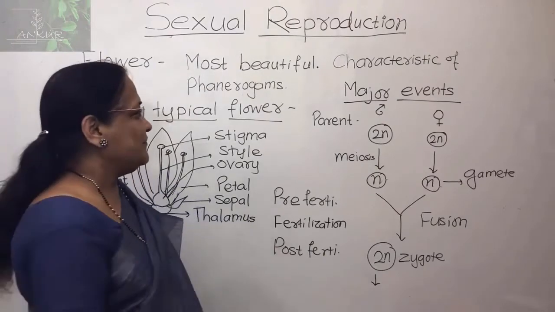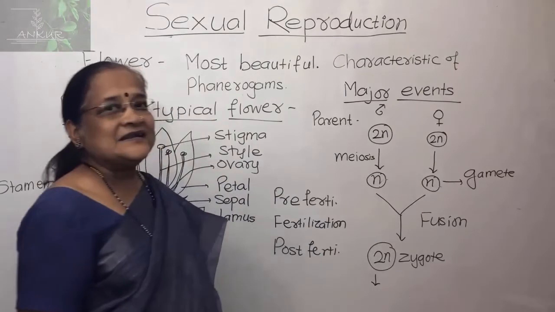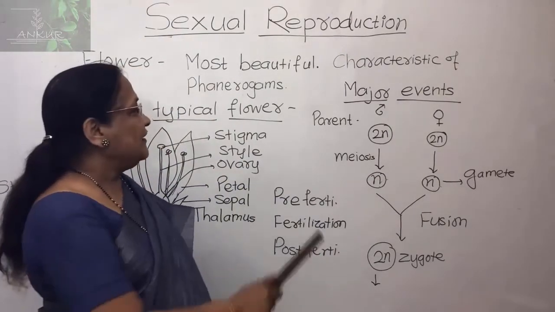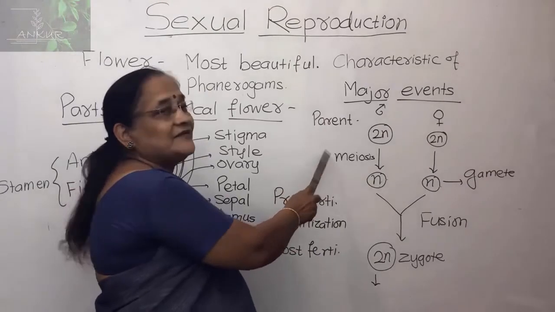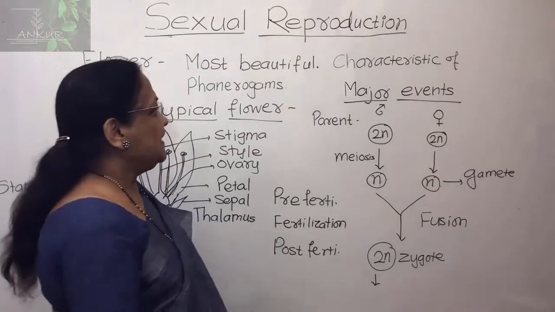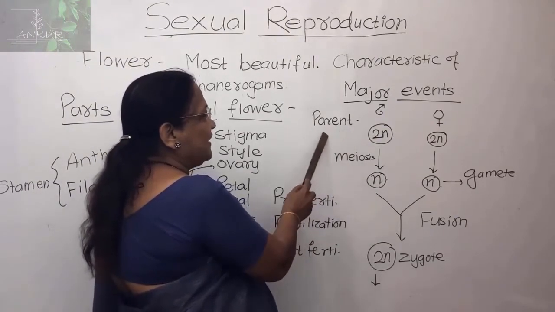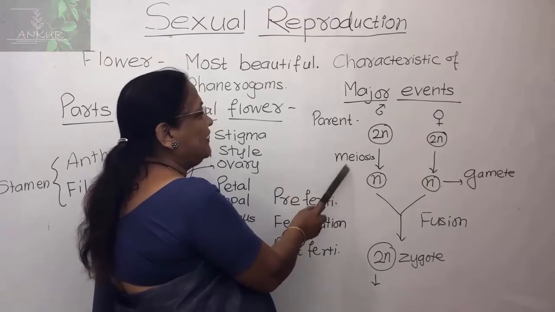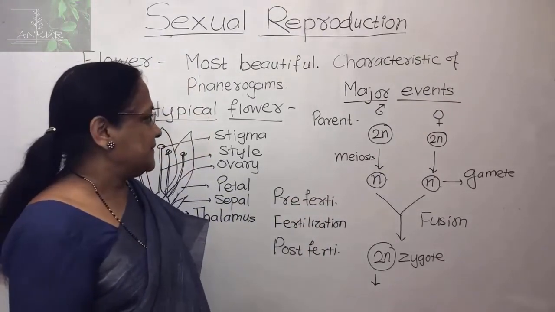Opposite sexes, male and female, produce gametes, and gametes are formed through meiosis, the reductional division, in which the chromosome number, diploid in the parents, becomes haploid.